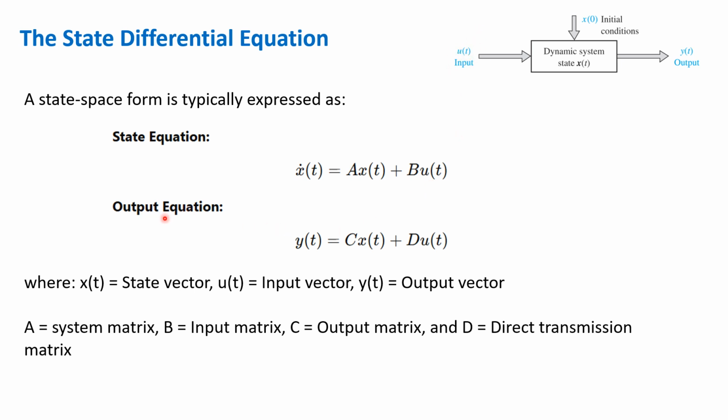This also has what's known as an output equation. Y of t is represented by another matrix C, the output matrix, times x, our state vector, plus another matrix D times our input. This is kind of confusing, I know, but once you see it in an example, it'll become pretty clear.